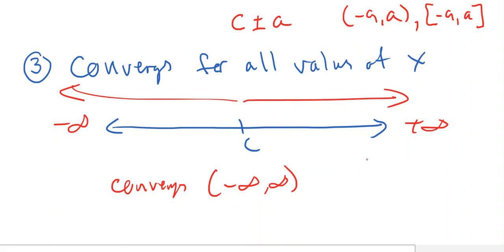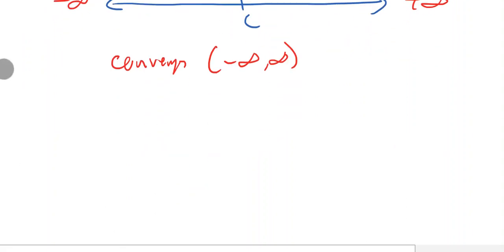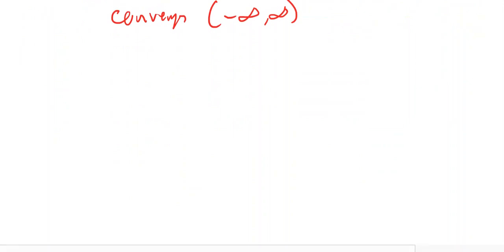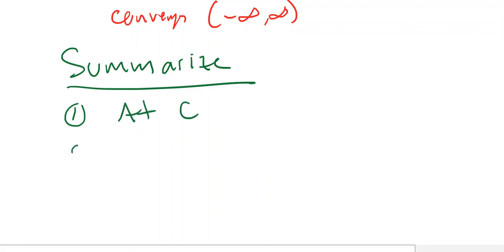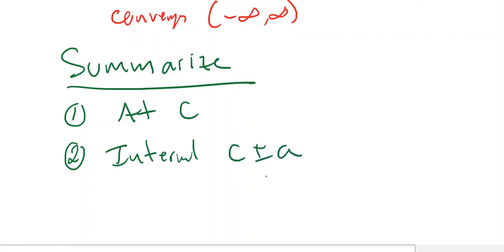So those are the three different possibilities. Once again, to summarize, number one, converges at C. Number two, converges at an interval C plus or minus A. And three, converges everywhere from negative infinity to positive infinity.